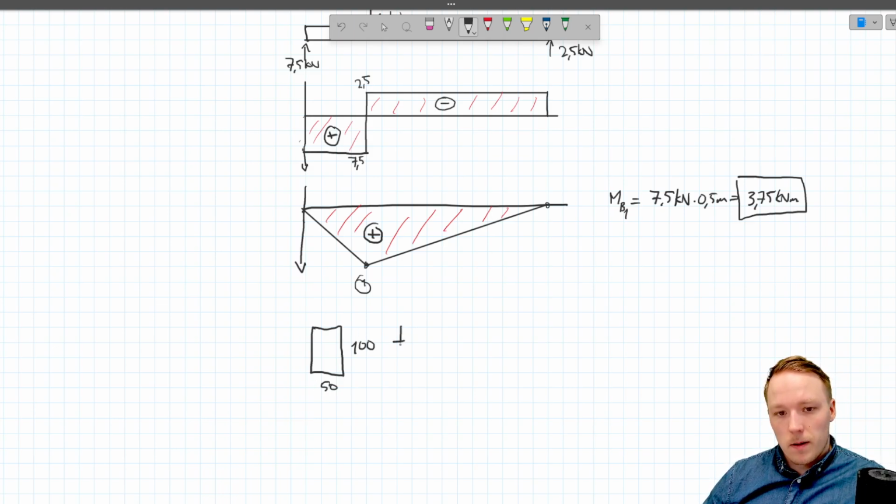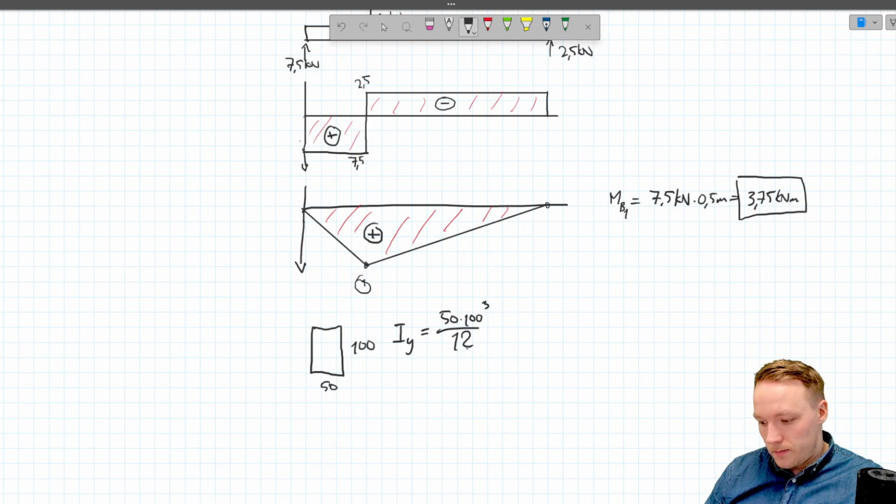So the second moment of inertia around the y-axis for this profile is 50 times 100 power to 3 divided by 12. And if we want to calculate the section modulus, the section modulus Wy will be 50, which is the width, multiplied by height power to 2 divided by 6.